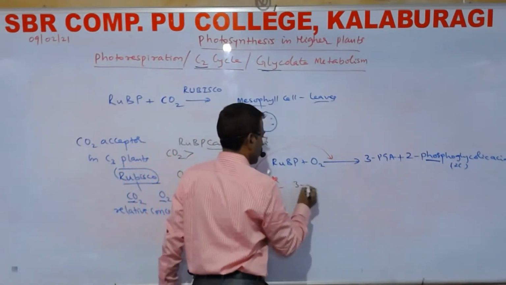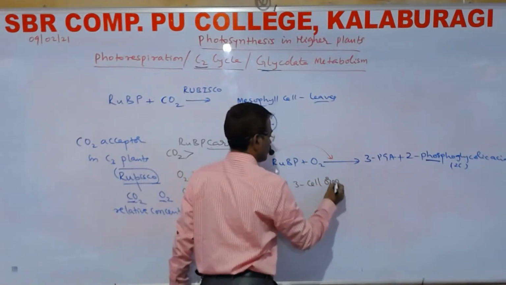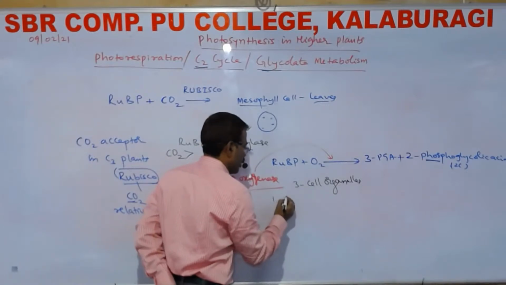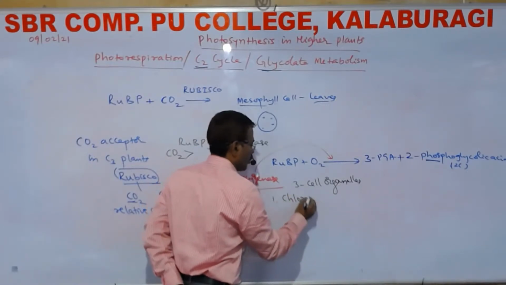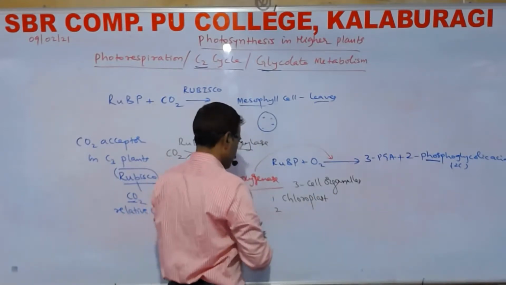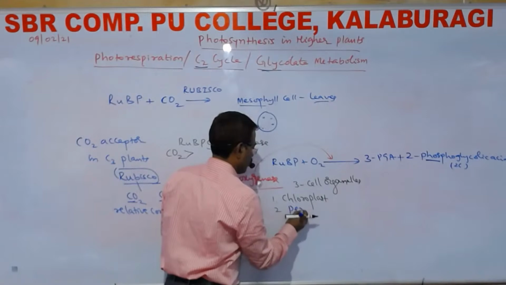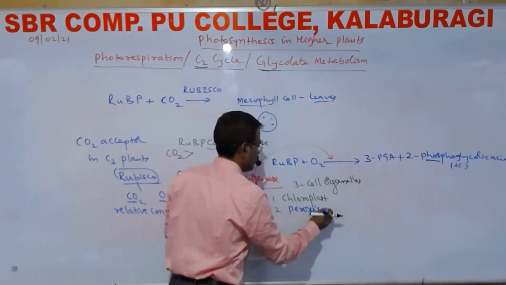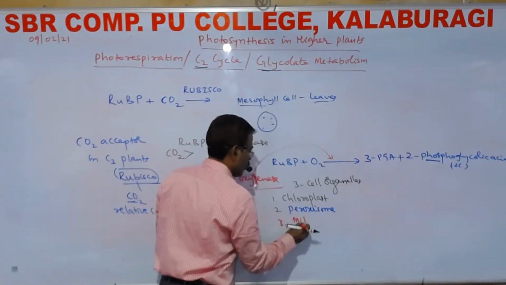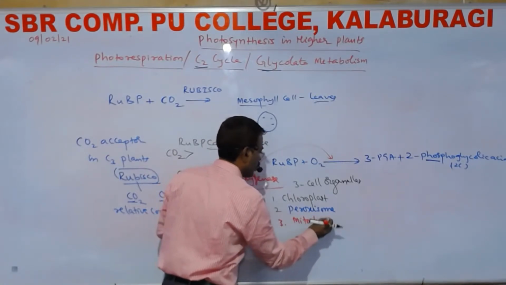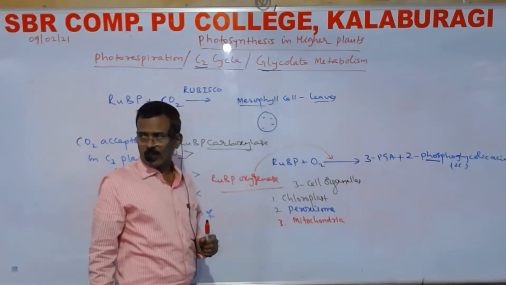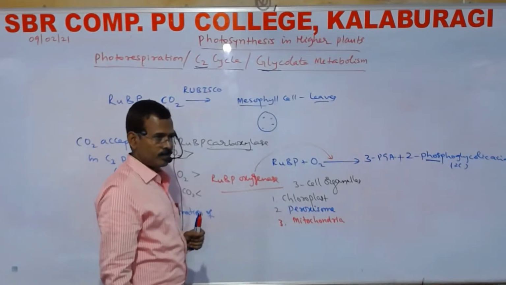We have 3 cell organelles: one is chloroplast, second one peroxisome, then the third one mitochondria. These are the 3 cell organelles which take part in photorespiration.